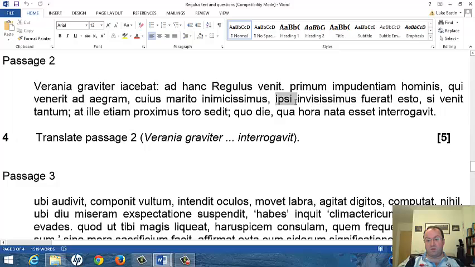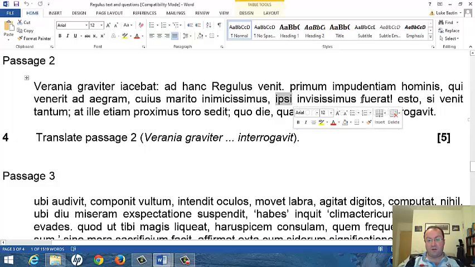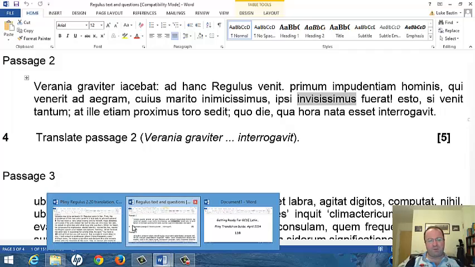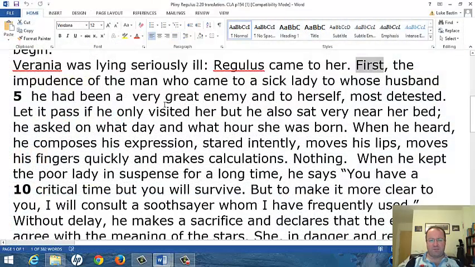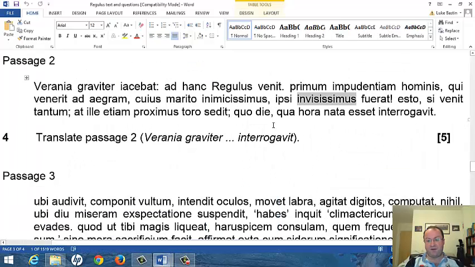And to her herself, he had been invisissimus, most, well, what's your English translation saying there? There's a number of different meanings there. Most detested, yeah, invidere does mean to kind of look down upon, literally, but it can mean to kind of detest as well. So here, you know, detested is fine. So, and for her herself, he had been most detested.